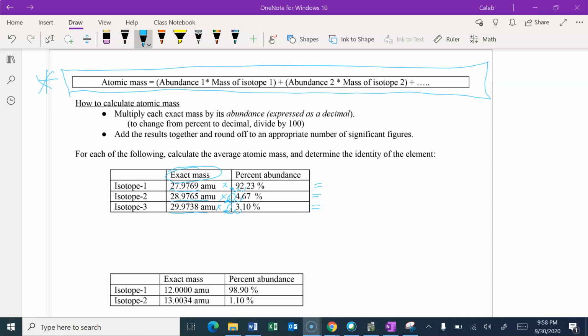So when you crunch those numbers in the calculator, what you get here is 25.80, rounding to 4 sig figs. And then this one's going to be 3 sig figs. I get 1.35.